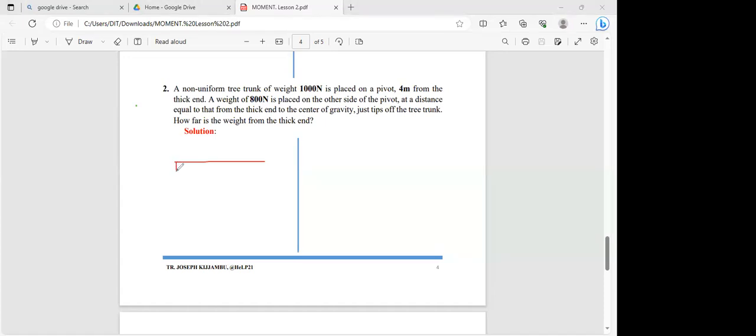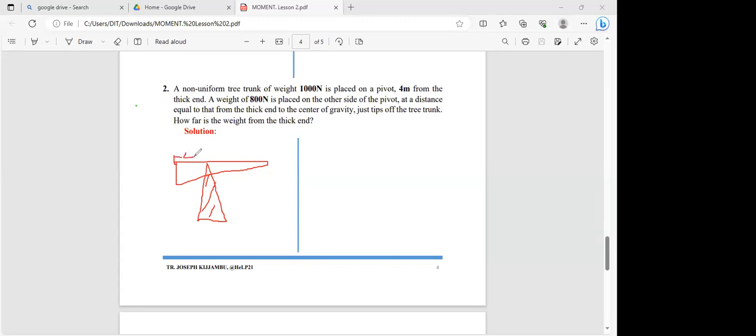So if this is the tree trunk, remember it's non-uniform. We have a side which is bigger than the other. So it is pivoted at the 4 meters. So if this is the pivot, that is the pivot, and that pivot is at 4 meters from this end.